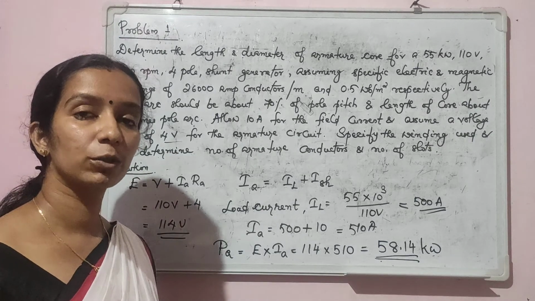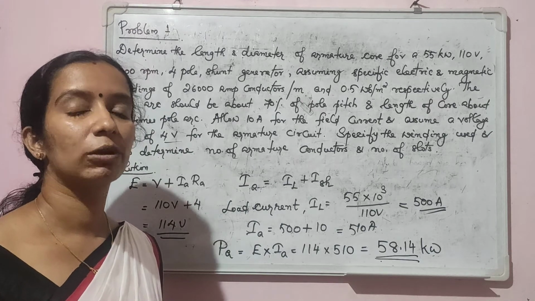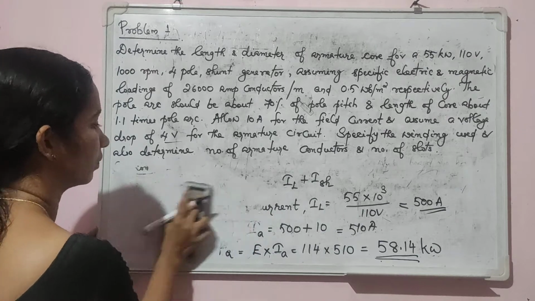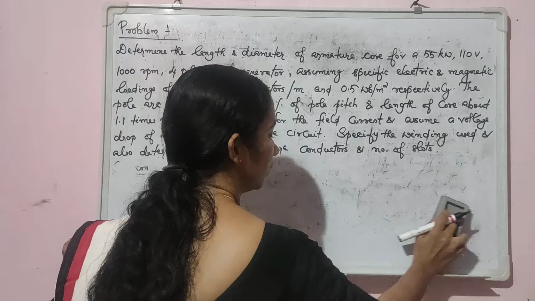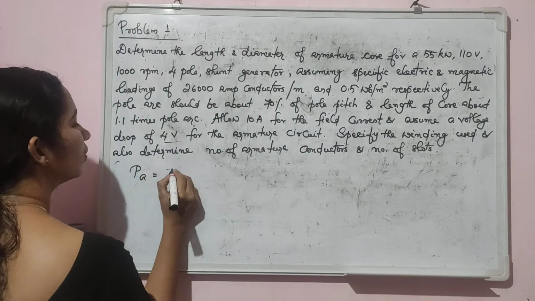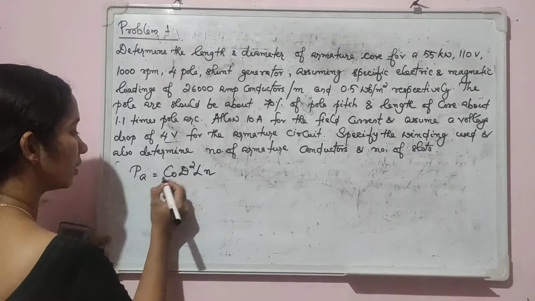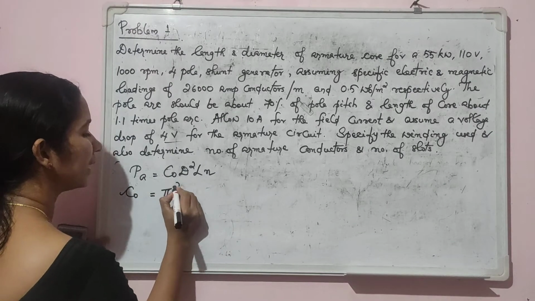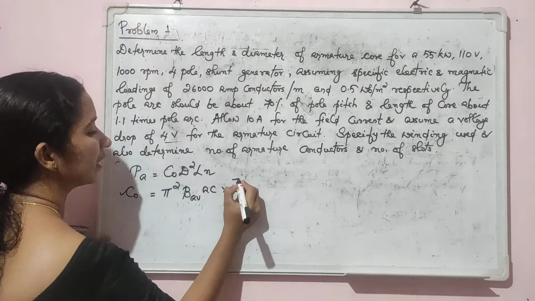Now we have to substitute the value of armature power in the output equation and then calculate the value of D square L. So output equation is PA is equal to C0 D square L into N. So let us calculate output coefficient C0, which is equal to pi square into B average into AC into 10 raised to minus 3.